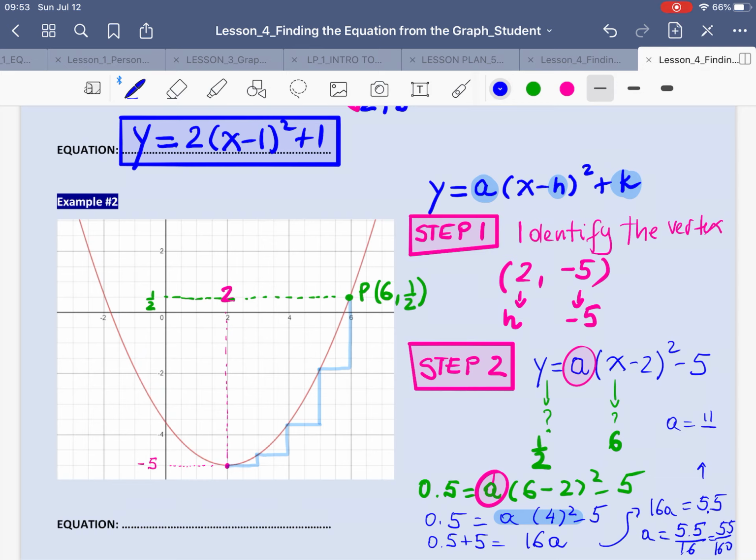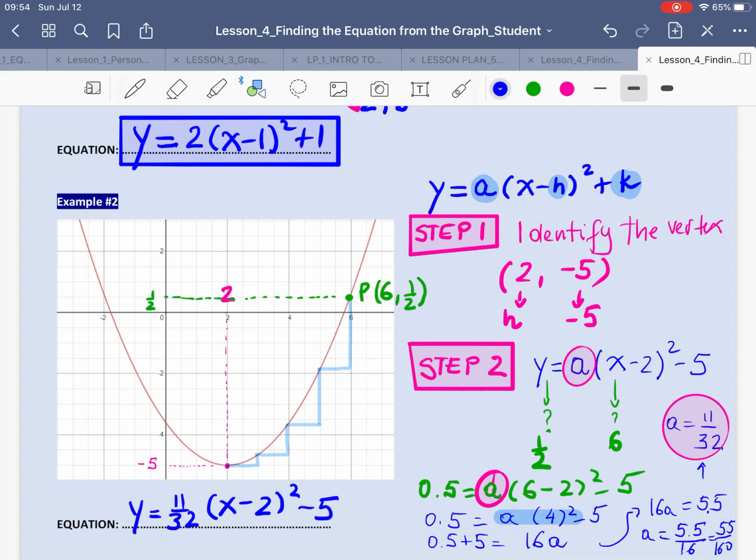And down here, 160 divided by 5, 5 goes into 16 3 times and into 10 2 times, so 11 over 32. So now we have our a value, which means that we're ready to state our final answer. And we'll say that the equation will be y equals 11 over 32 times x minus 2 squared and then minus 5.